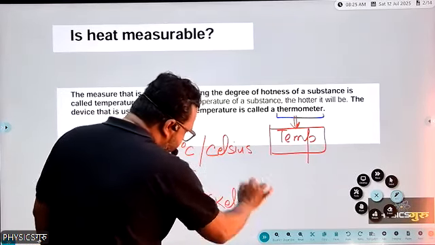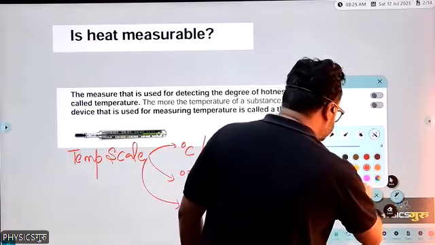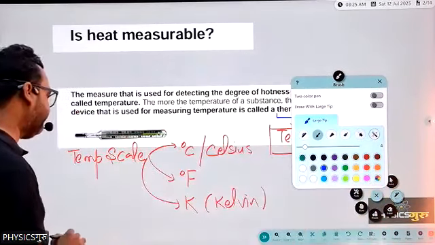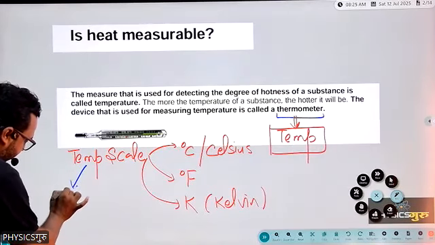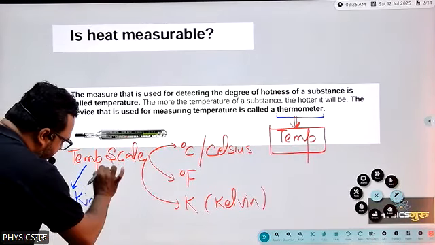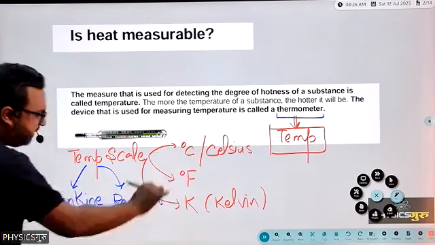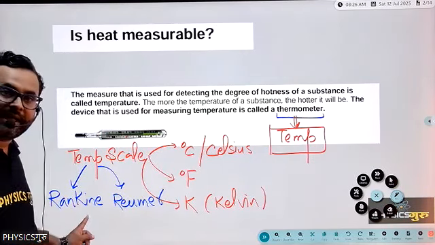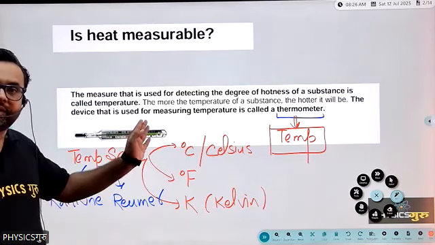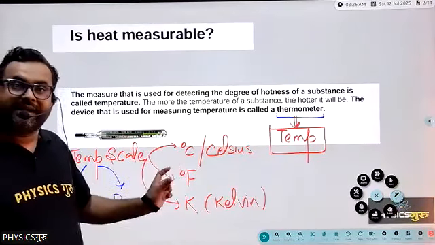Next, we also use Rankine and Reaumur, R-E-U-M-E-R. So we have two more temperature scales, Rankine and Reaumur. These are the scales to measure temperature.